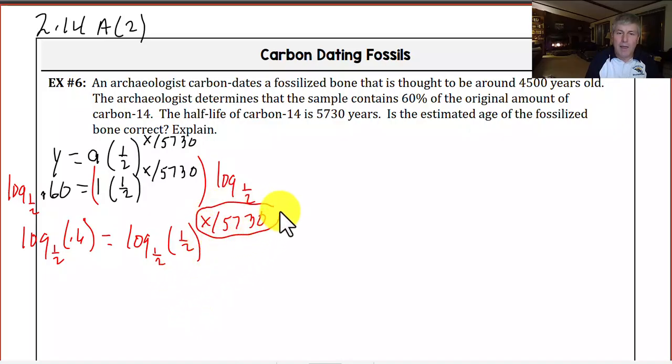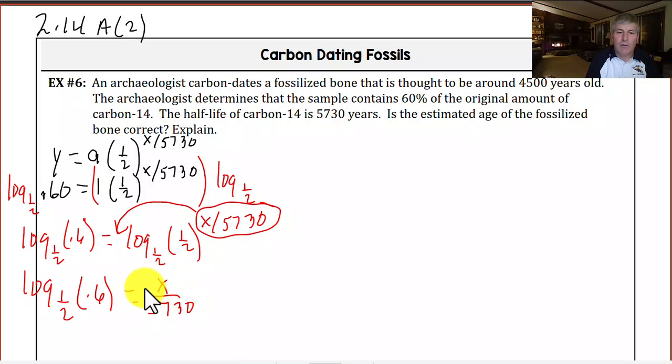So I can bring my exponent down in front, and I end up with log base 1/2 of 0.6 equals x over 5,730, all multiplied by log base 1/2 of 1/2, which is just 1.